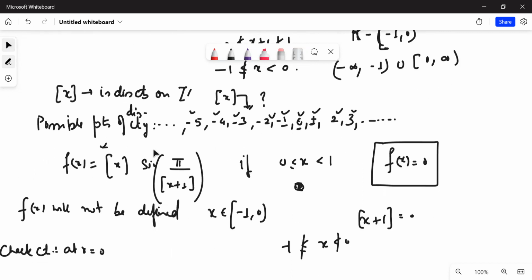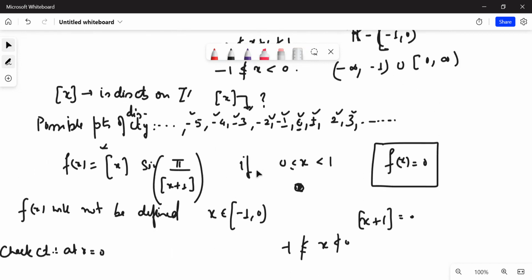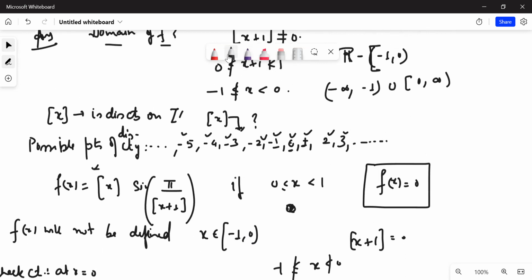So one thing is clear that the function is not defined at -1, 0, but you can see that if I write R minus {-1, 0}, that implies the domain of f would be minus infinity to minus 1 union 0 to infinity. So from here you have all sorts of integers.